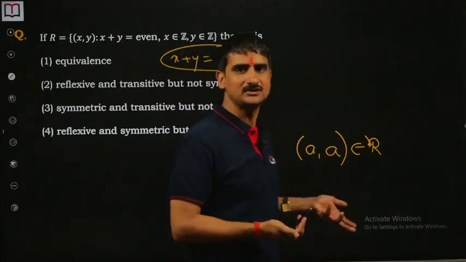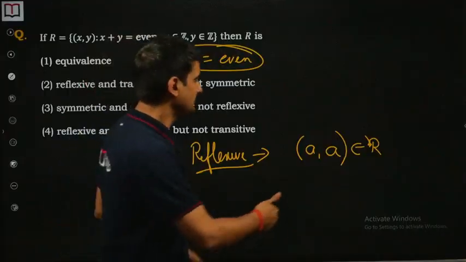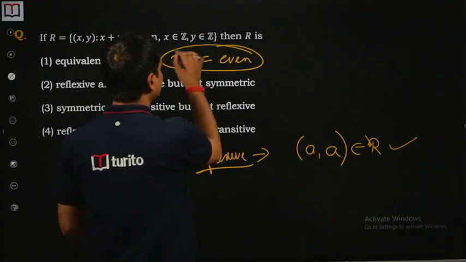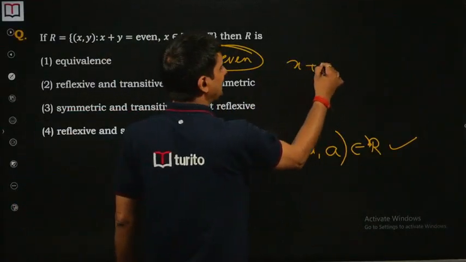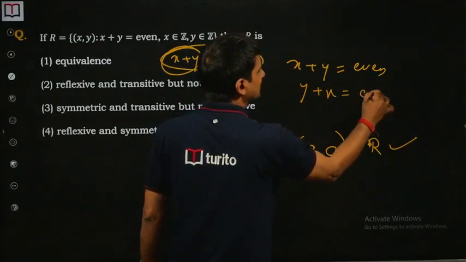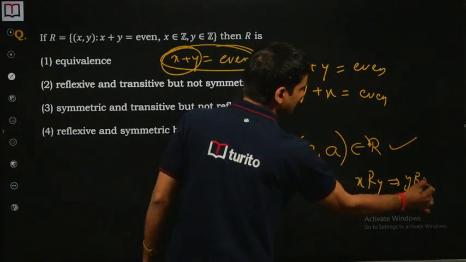If you add two integers, it's always a multiple of 2. It's 2 times A. A is an integer, so it's an even number. So that's reflexive. Now symmetric for sure it is. Why? Because addition commutes. So x plus y is even is the same as saying y plus x is also even, isn't that? So if x related to y implies y related to x, then we say it's symmetric.